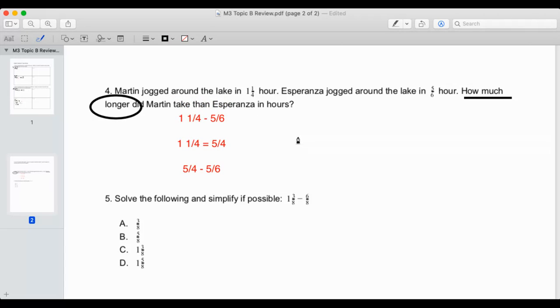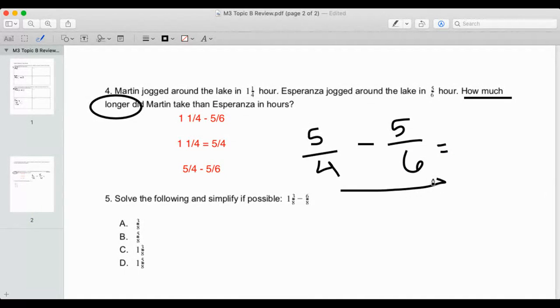All right, so now let's go ahead and set this up. 5/4 minus 5/6. Oh, let's see if the 6 is going to work or if it's going to go wonky on me. Oh, it worked. Equals what? Okay, you'll recall step 1 is go across for your new denominator. 4 times 6 is 24.